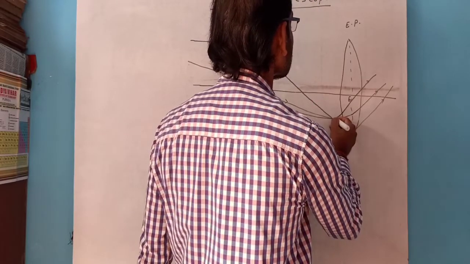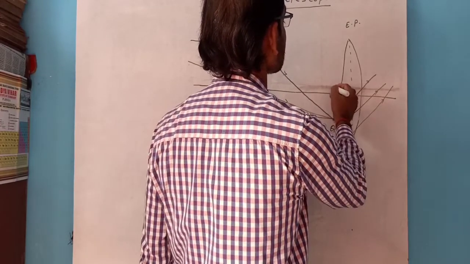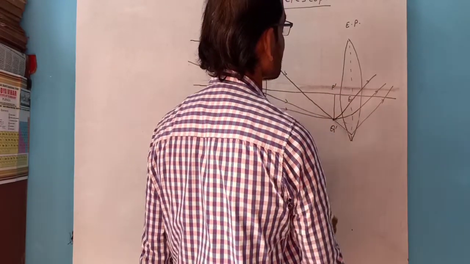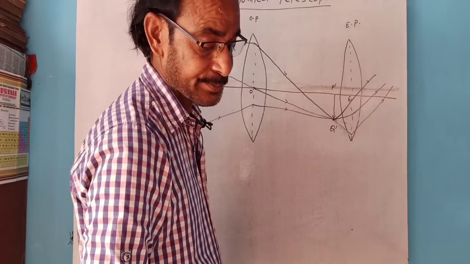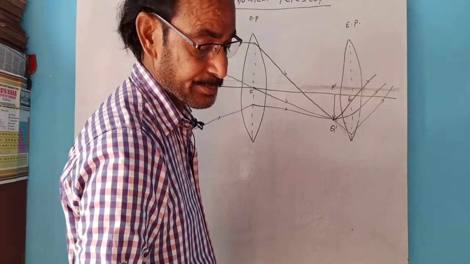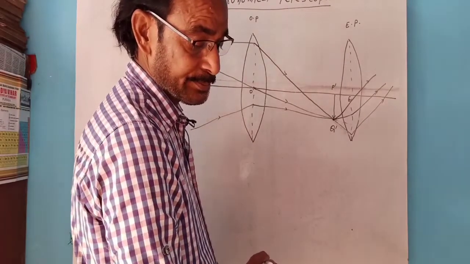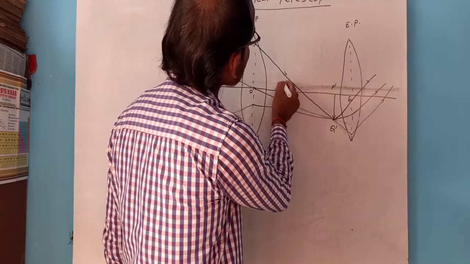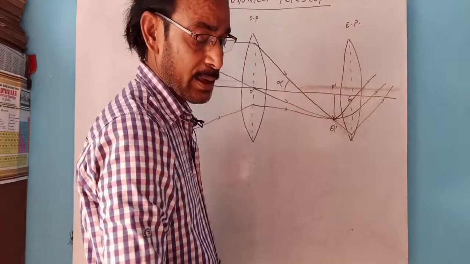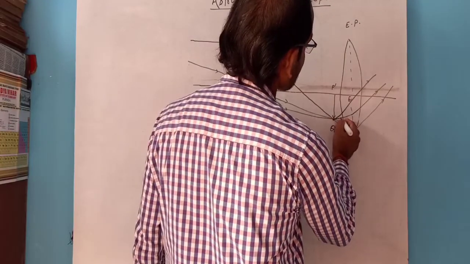A perpendicular P dash Q dash is drawn on the principal axis. The angles made by the rays are alpha and beta.